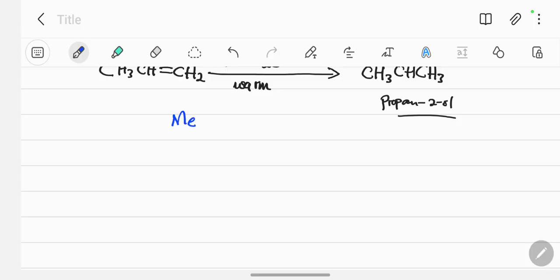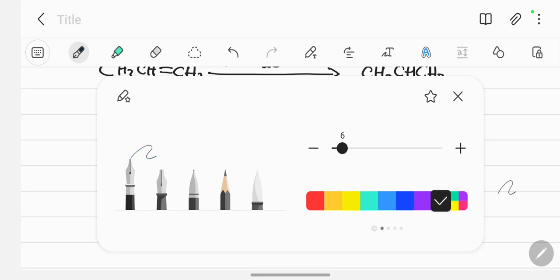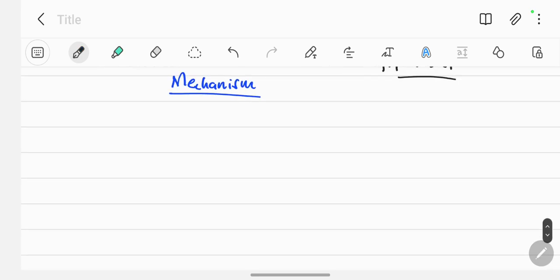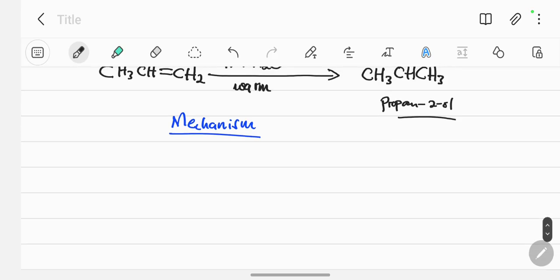So the mechanism. In our mechanism, you're going to use that hydrogen there to attack. So for the mechanism, it's going to be CH3, CH double bond, CH2, and this is going to attack the hydrogen there.